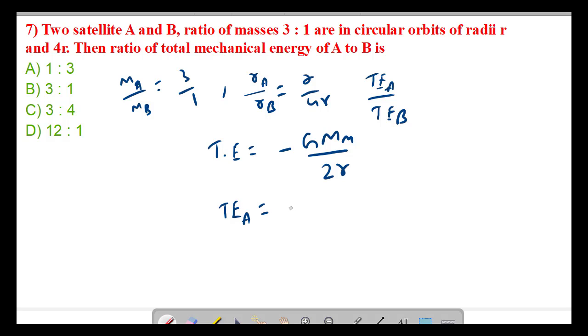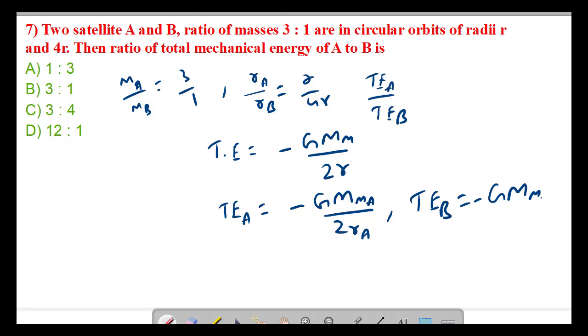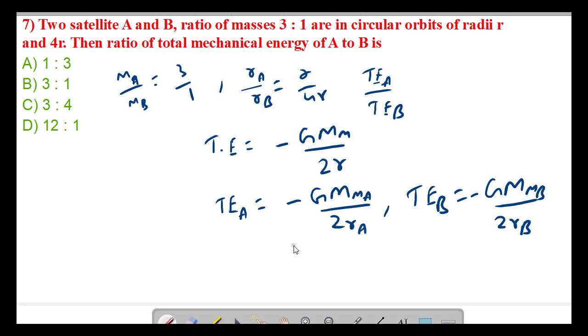TEA would be minus GM mA upon 2RA, and TEB would be equal to minus GM mB upon 2RB. After finding the total energy of A and B, we take the ratio.